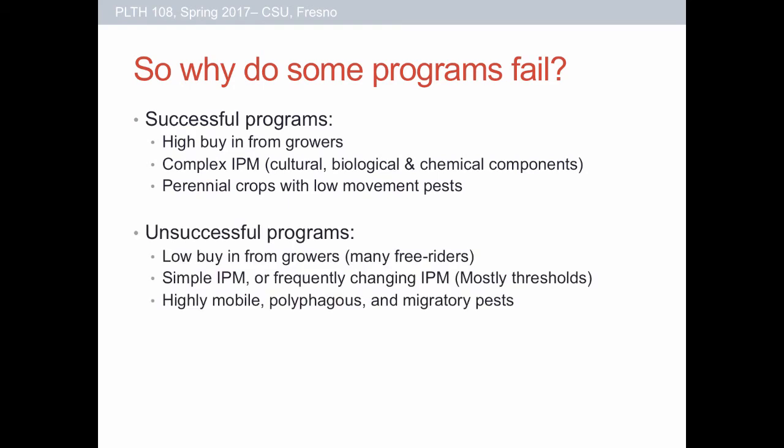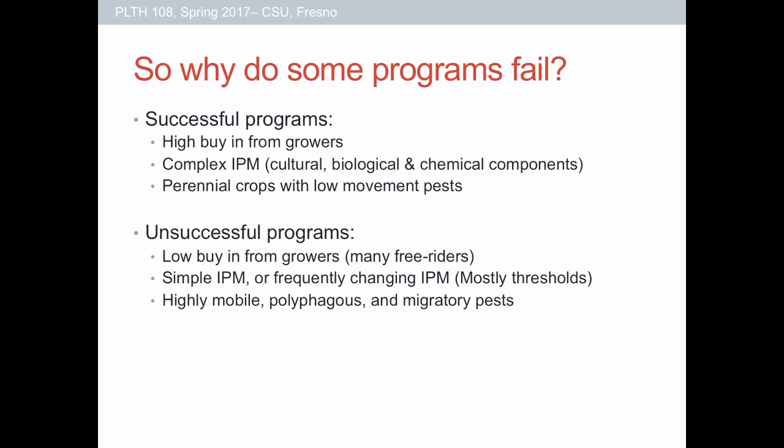So on the flip side, unsuccessful programs tend to just have the opposite. We've got low buy-in from growers, so you have lots of people free riding, trying to get the benefits without doing the work. You've got really simple IPM. Generally, if your IPM program is mostly based on thresholds, it's not really sustainable in the long run.